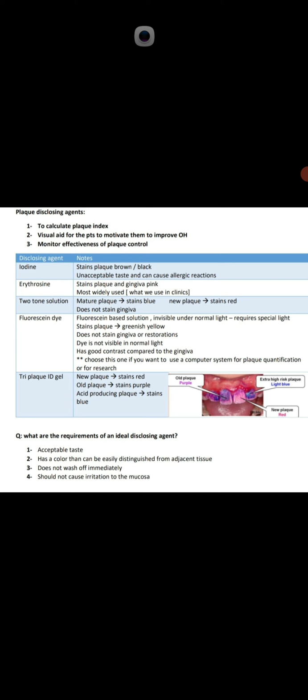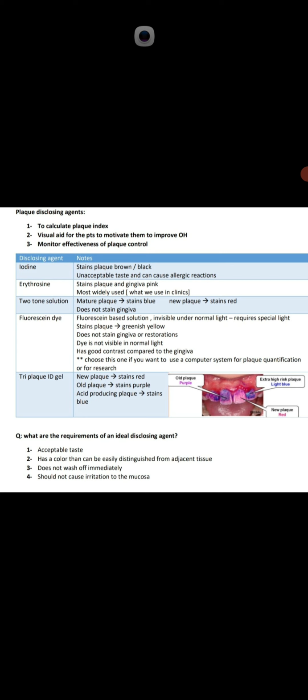Now, what are the uses of plaque disclosing agents? There are three uses. Number one, to calculate the plaque index. Second, it is a visual aid for the patient to motivate them to improve oral hygiene. Third, to monitor the effectiveness of plaque control.